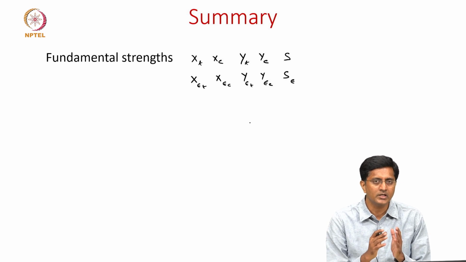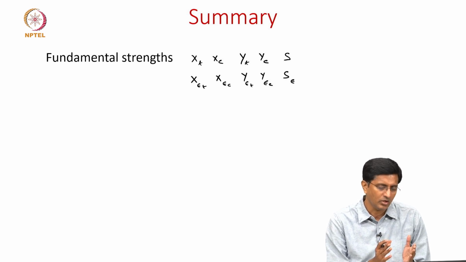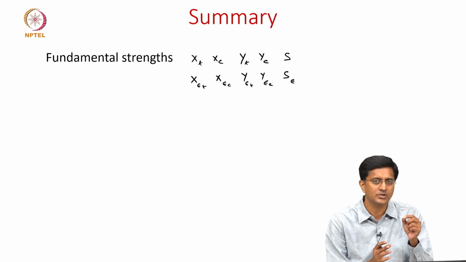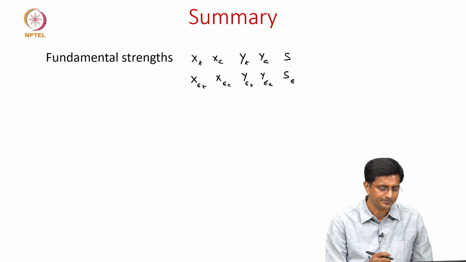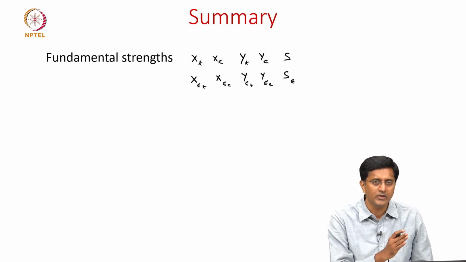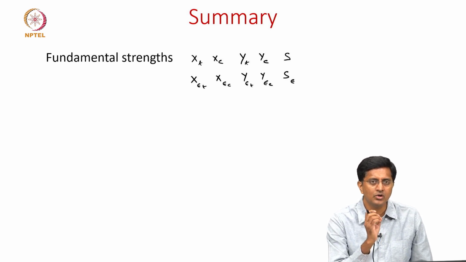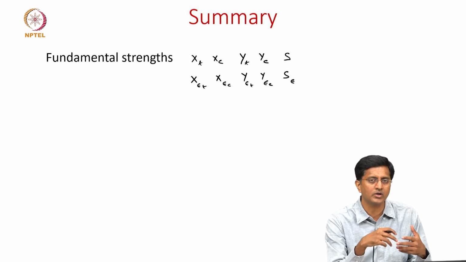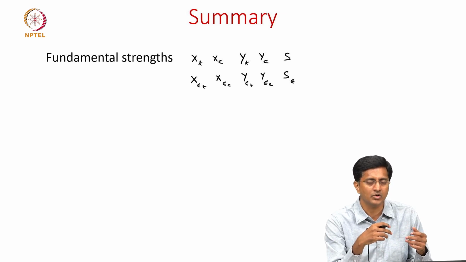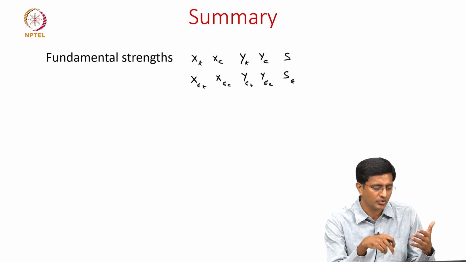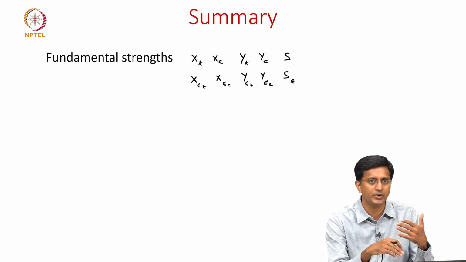Since we are only looking at the linear elastic, we also showed how we can write this failure strain in terms of the failure strength and the stiffness in that direction. So we will use these fundamental strengths in the coming videos to show how we can predict failure not just under uniaxial loads but also in biaxial loads, where we have loading in two directions, but still we are able to use these fundamental strengths to predict.